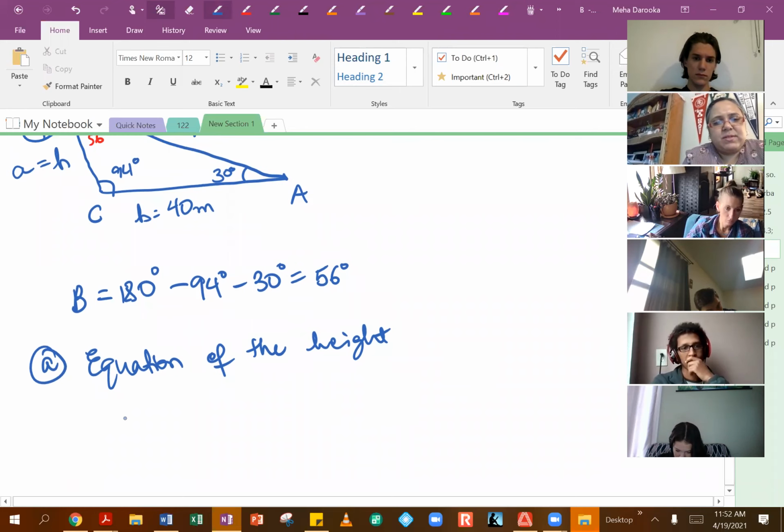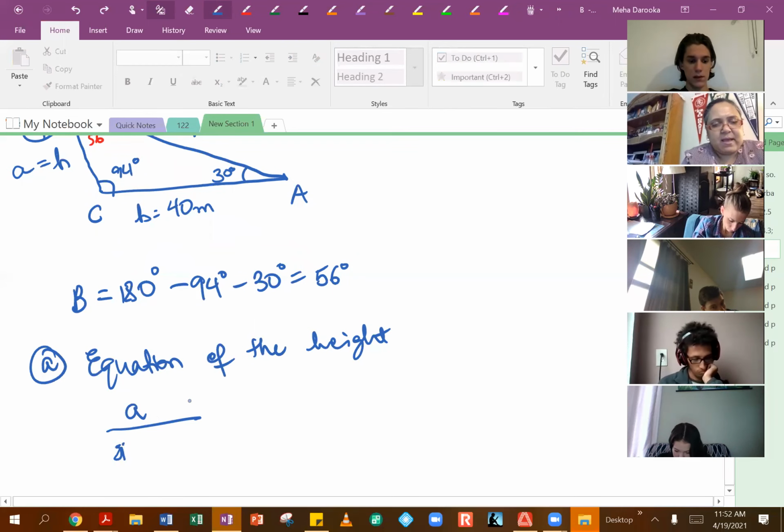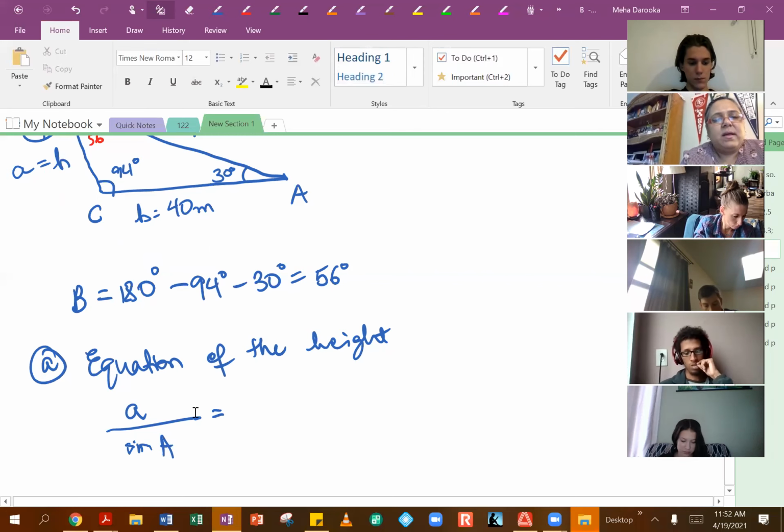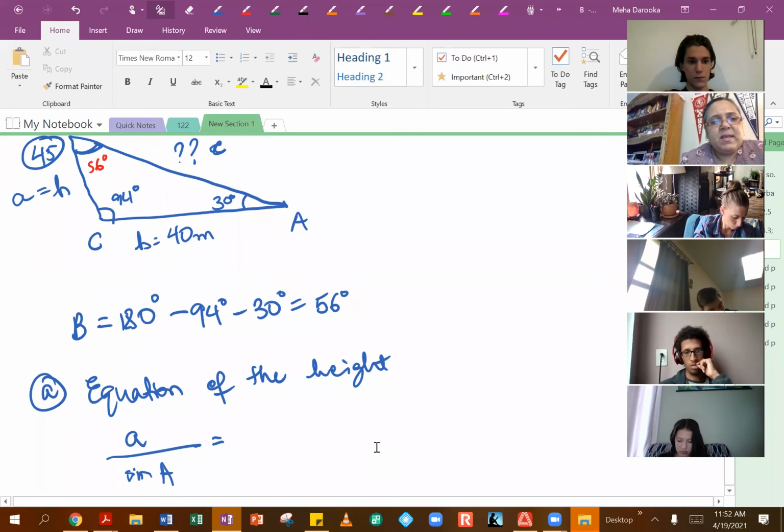Okay, so you are using side A, which is our height, which is what we're trying to find, which would then have to be above sine A. And then did you say B, Scotty?